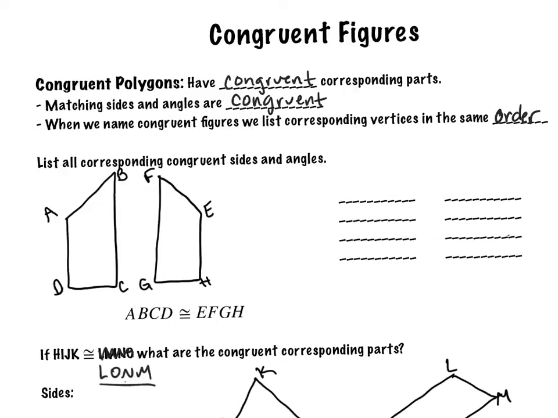If I look at this first example, ABCD is congruent to EFGH. That is what I call a congruent statement.